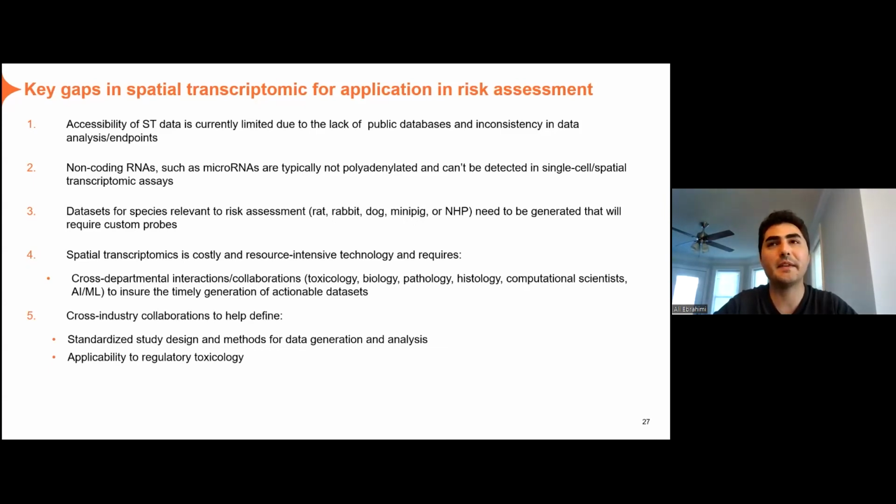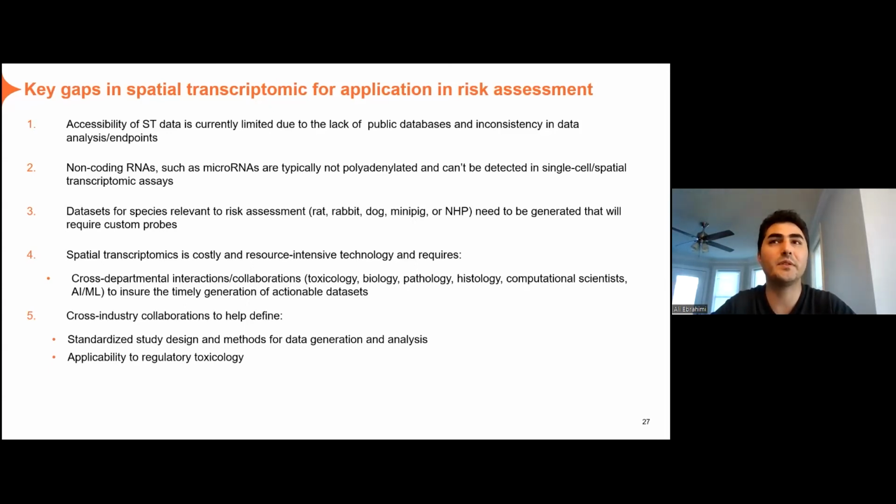On the other hand, because these technologies are resource intensive, I think we need to work across industry to ensure that we have standard pipelines from wet lab to dry lab, to generating the data and analyzing.